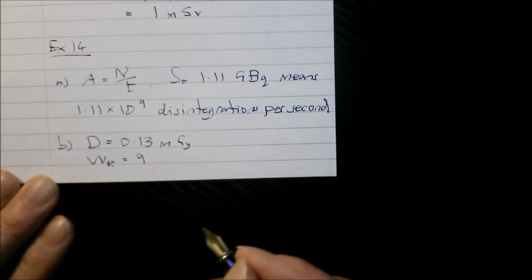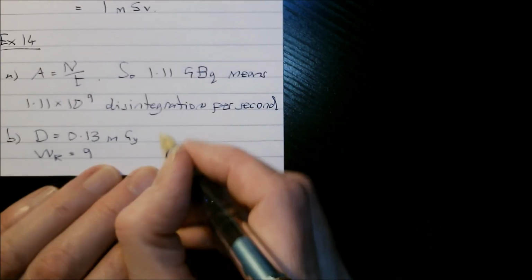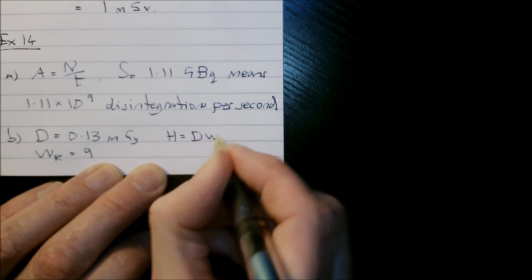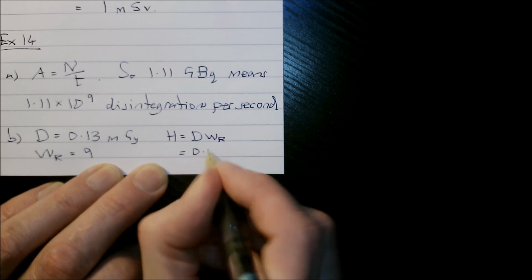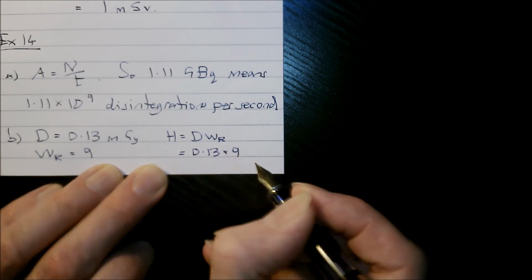There's no units for the radiation weighting factor, it's just a scaling factor. And then we apply the formula H equals D WR. So that will be 0.13 milligrays multiplied by 9.